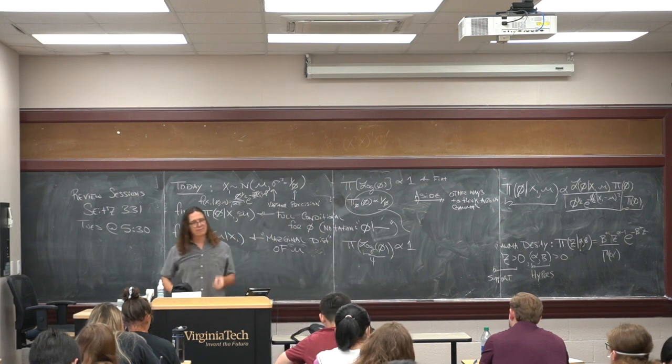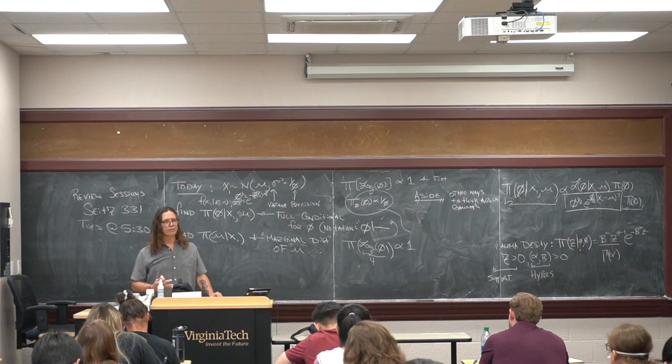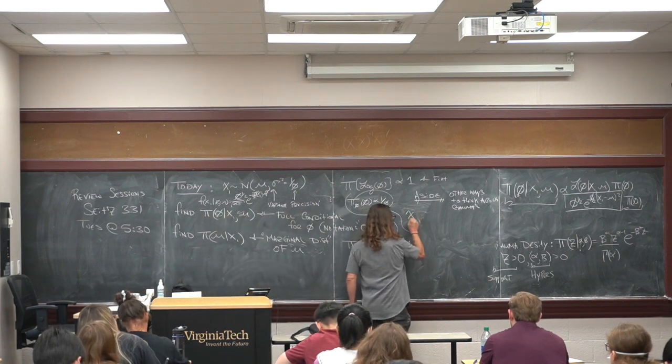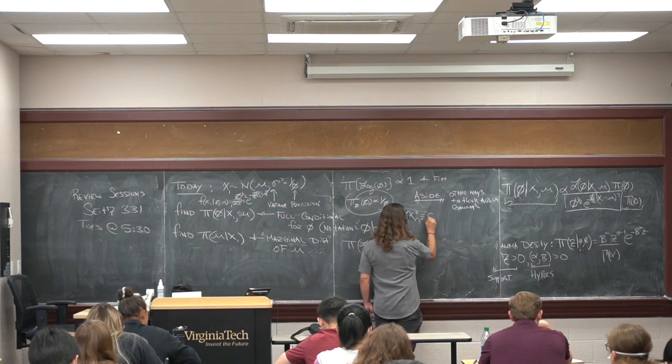So I've made this statement that gammas have something to do with chi-squareds. So for the chi-squared distribution, there's this other parameter called the degrees of freedom. That's equal to a gamma.